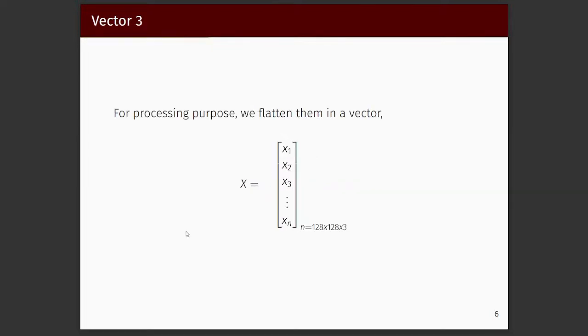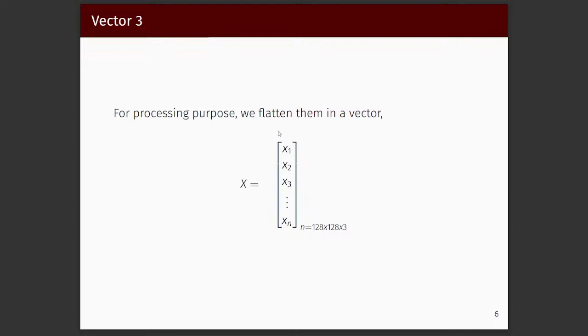Moving on. We have to process the image. For processing the image, the most important criterion is to input the values into something. How are we going to input the values? The most important thing here is we flatten them into a linear vector.